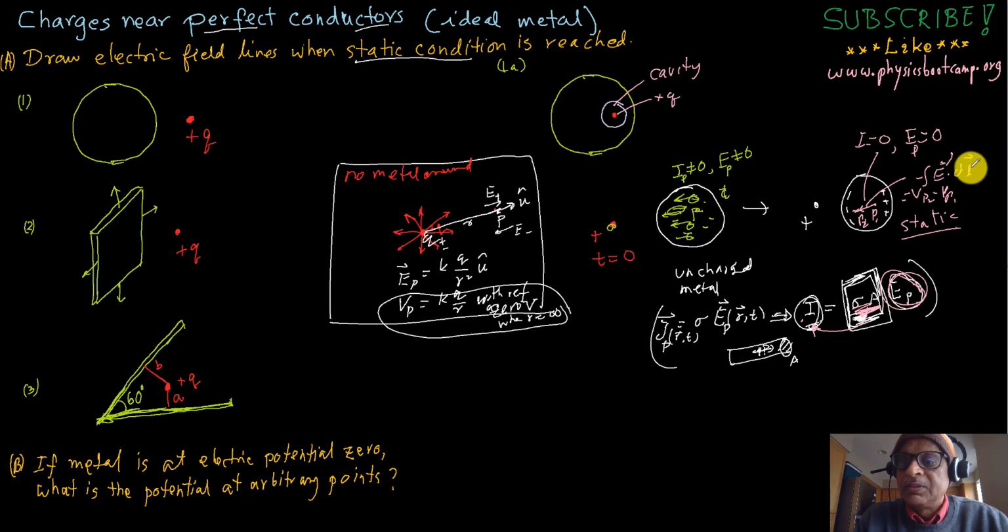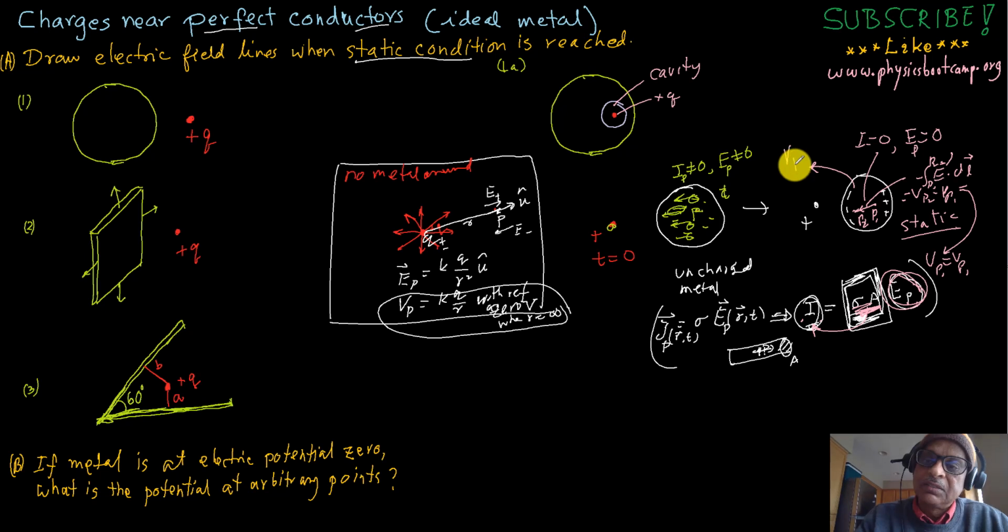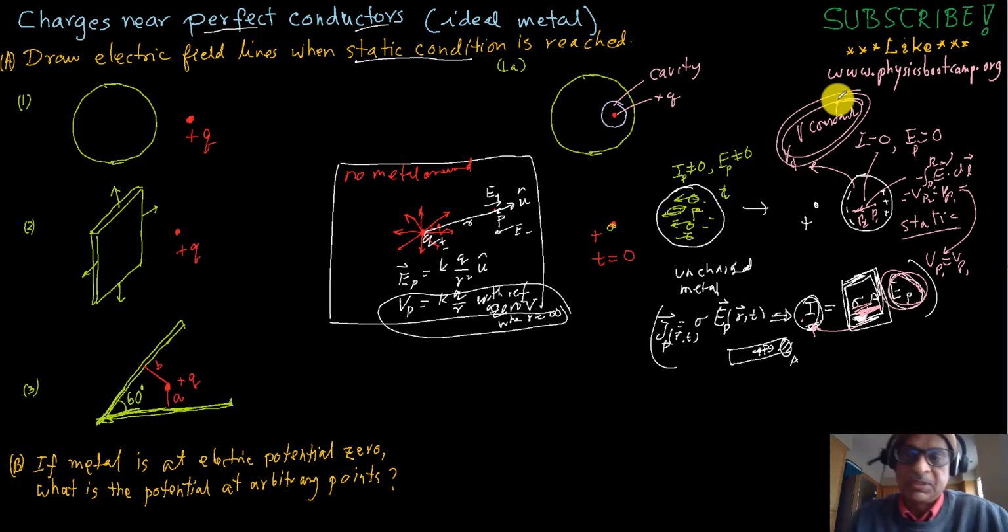Since E is 0, this integral from P1 to P2 will be 0. That means the potential will be the same everywhere. So in a metal, we find that the potential is constant, and this is something we're going to use. Let me pause and clean.